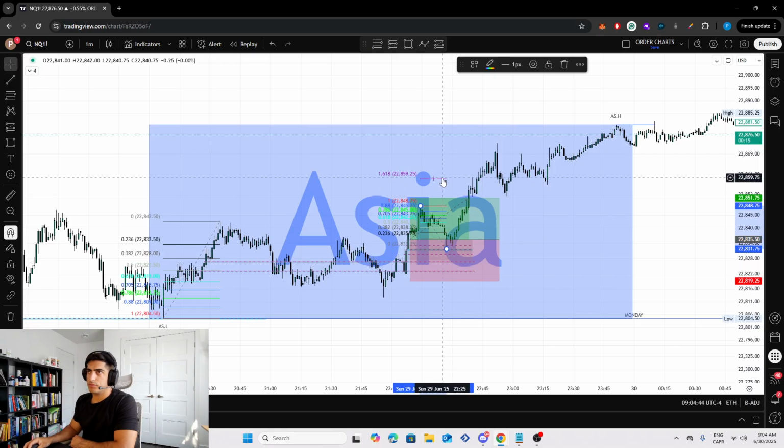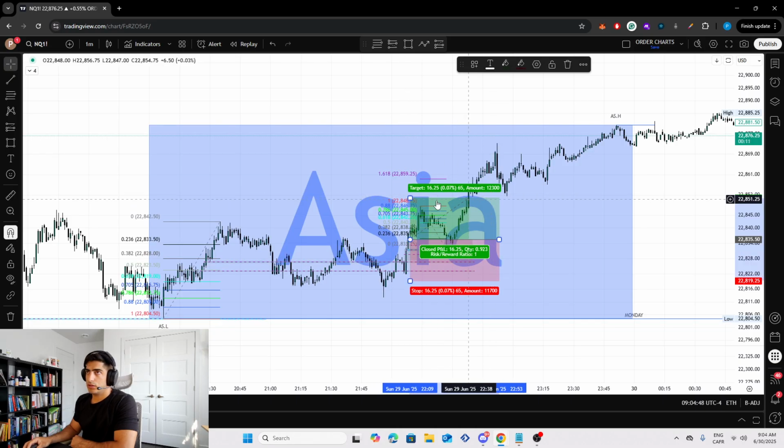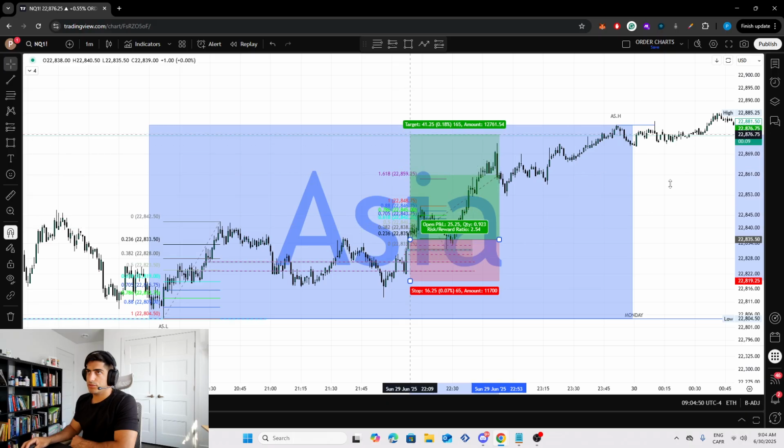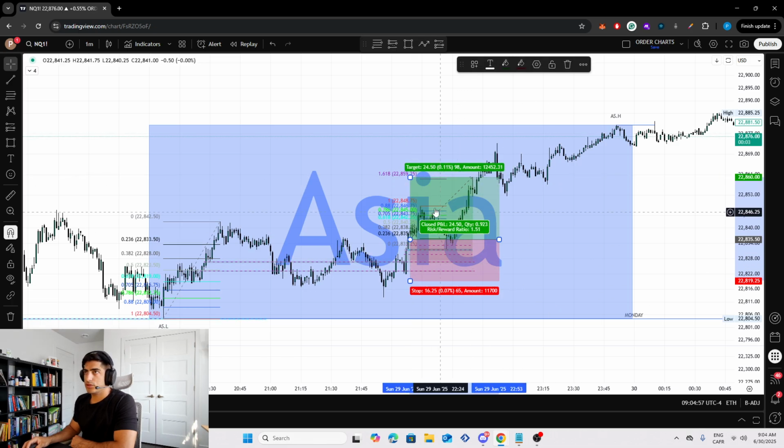So first target would have been right here, which is a 1.5 to 1, and that's 24 points.